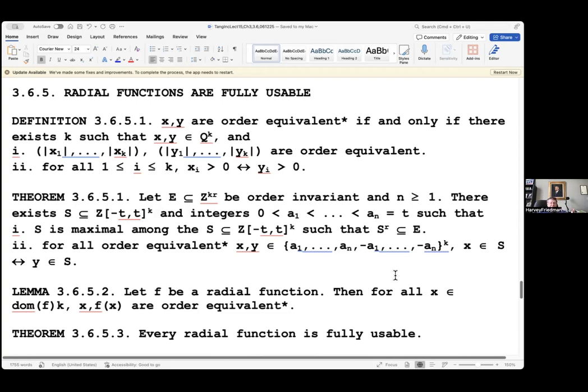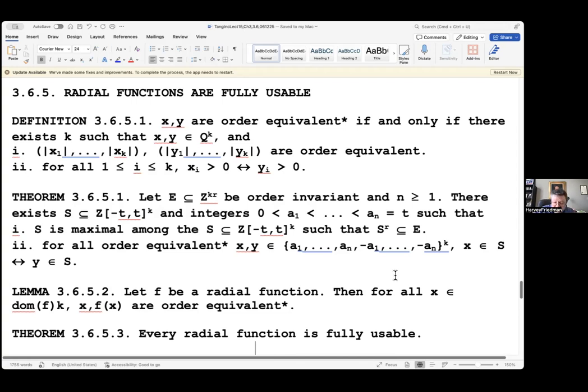And secondly, for all order equivalent star X, Y in plus or minus the A's, X is in S if and only if Y is in S. So we actually get a kind of invariance stronger than you might think.